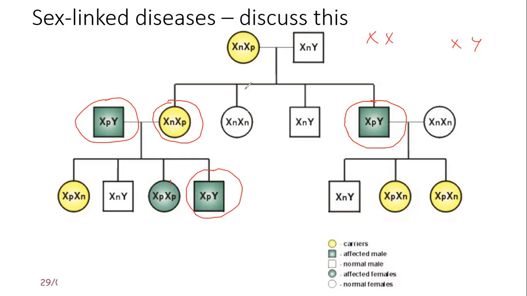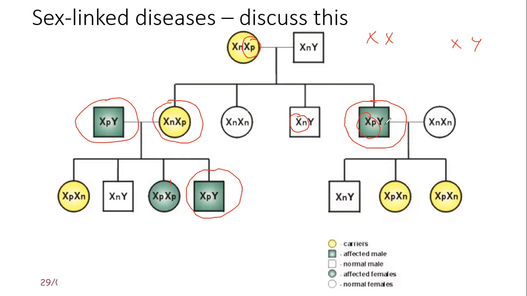So the males will only inherit the one. For example, this female is a carrier, so she has this XP here. Whilst this boy has inherited the XN, which is normal, and the Y from his father, this individual has inherited the XP, which is the one with the disease.